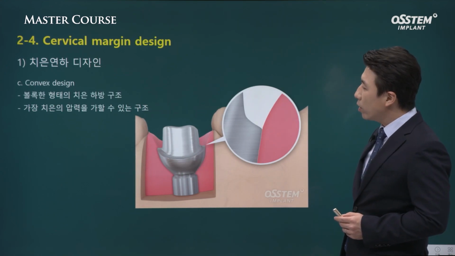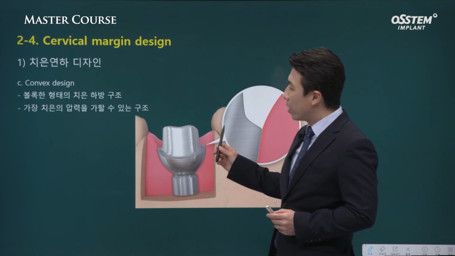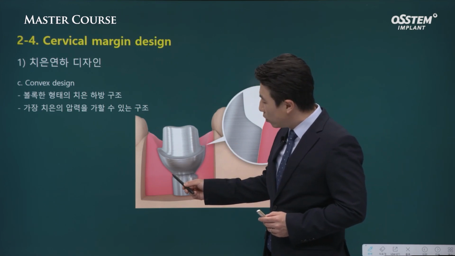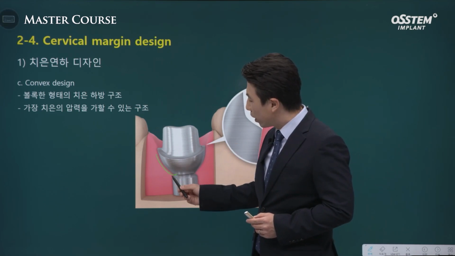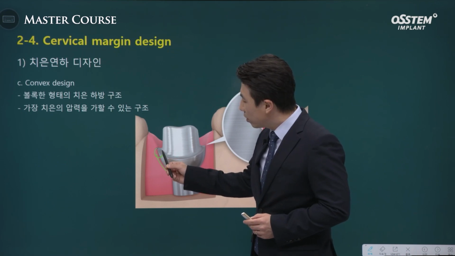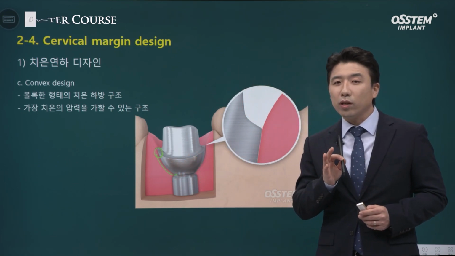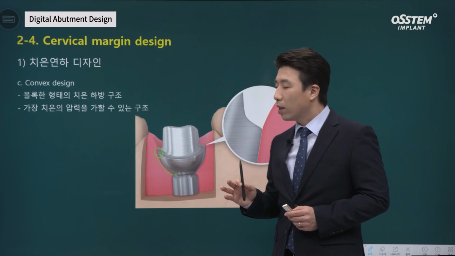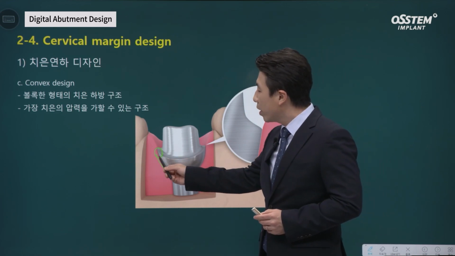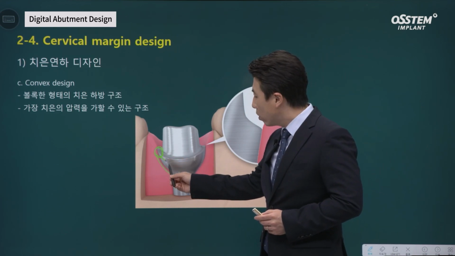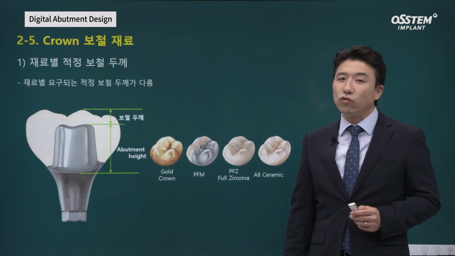This allows for more stable maintenance of bone. In the case of convex design, as mentioned earlier, it can apply pressure to the gingiva. Rather than overall concaveness around the marginal gingiva area, it can be slightly convex, but as for the rest of the area, it's better if it's concave.